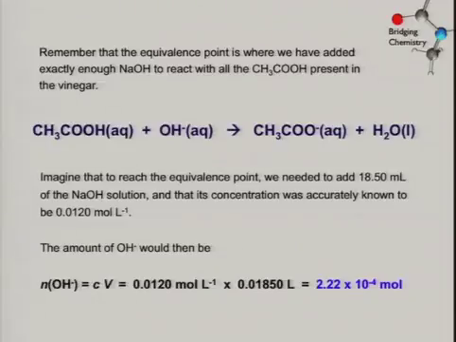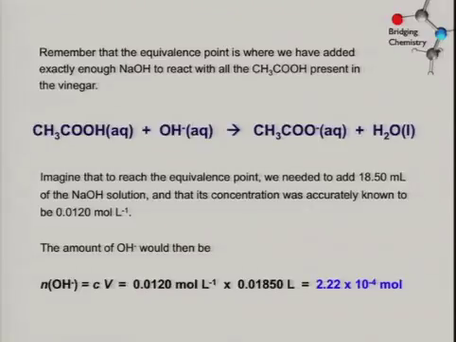And so if we do the titration, and then we can go back and look at where the equivalence point was, and we can measure what volume of sodium hydroxide we had to add to get to the equivalence point, then, because we know the concentration of the sodium hydroxide solution as well, we can work out the amount of hydroxide ions that we needed to get to the equivalence point.